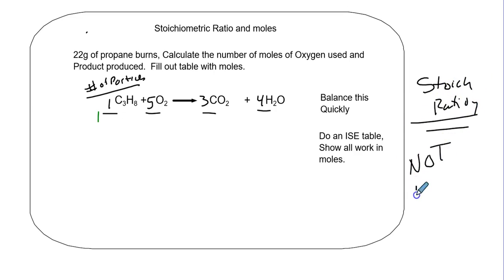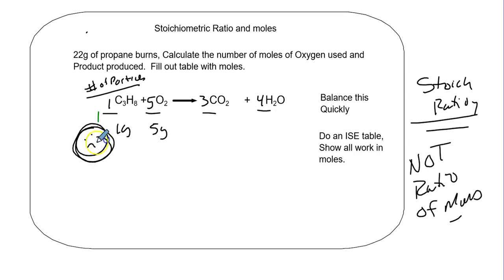It means that 1 gram of this doesn't require 5 grams of that. That is a big no. That's really bad. Well, it doesn't pay to ignore the issue, because it's definitely a problem. Okay, we cannot use grams in our ICE table like this.